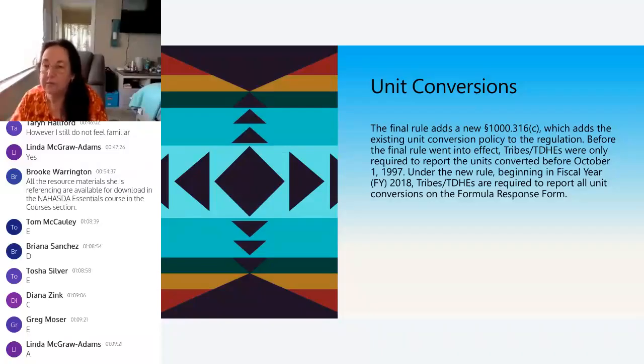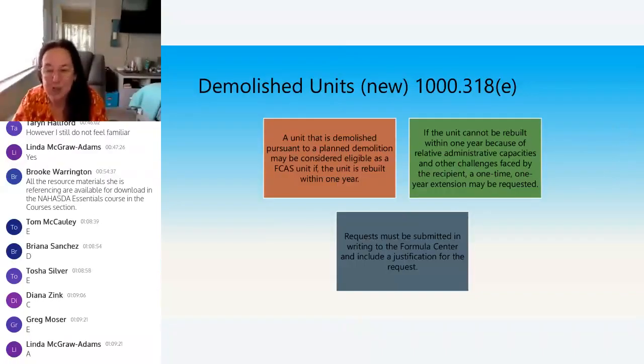So that means if you had a mutual help house and you're converting it to a rental unit or vice versa, you need to change that on your formula response form. If they were 1937 Housing Act units, they had a formula attached to them, which was a different amount depending on what type of unit you were funded for.